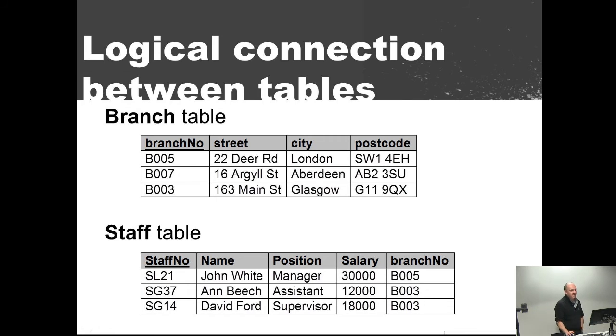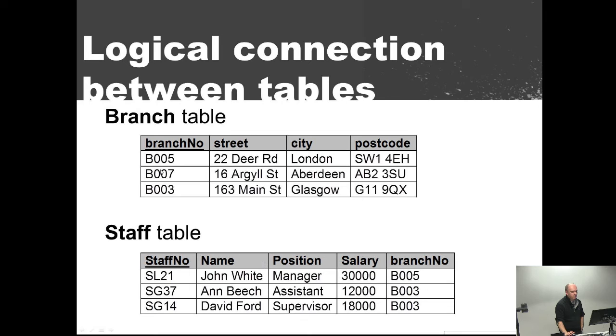Or imagine that the London branch is going to get a bit bigger, so it's moving to another street. It means that for all my employees, if I was using only one table, I would have to update the branch address everywhere. Here, the link to the branch is not changing.